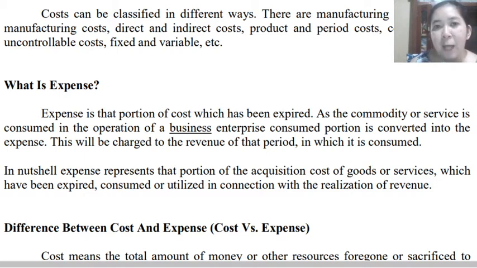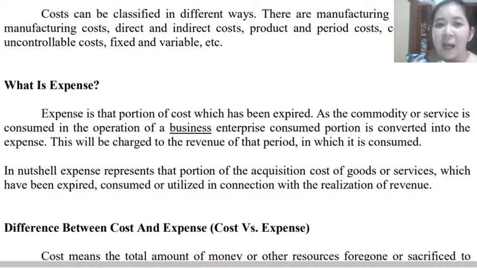Okay. Earlier, we said that cost is the capital for producing a product or rendering of services in order for the entity to generate the income. And we also mentioned that under the matching principle, once there is no sale yet of that item, we cannot recognize the cost because the cost is still in our asset account under the inventory. What about expense?